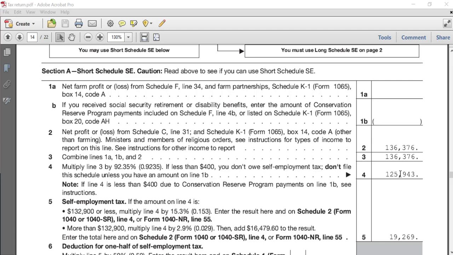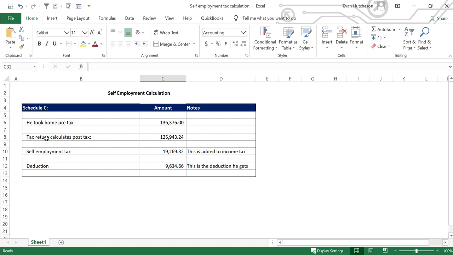So now he's got $125,000 that he received if he would have paid the employer portion. So they let you use that number as the base. So you have $125,000 of tax base, and I have a little spreadsheet here. The tax return calculates as if you would have had the tax. Your self-employment tax is 15.3% of 125.